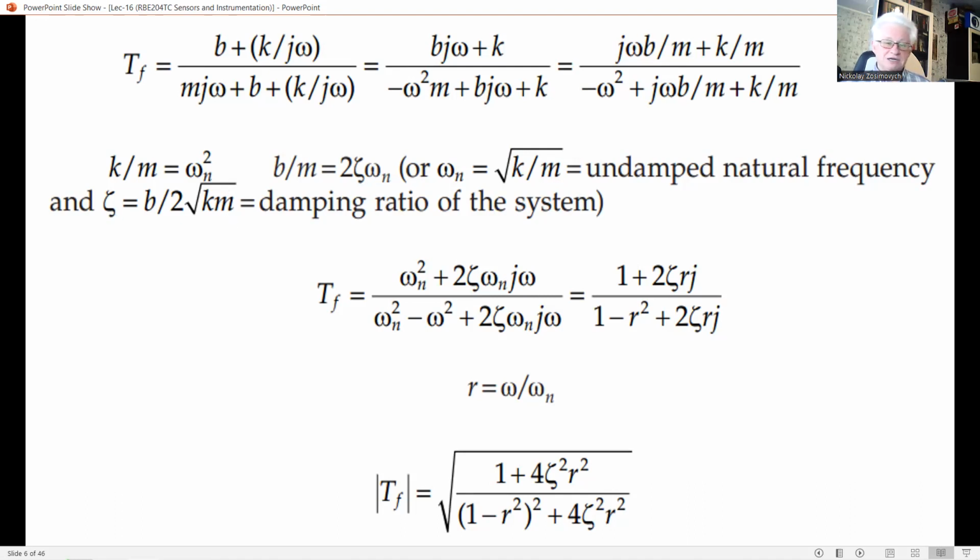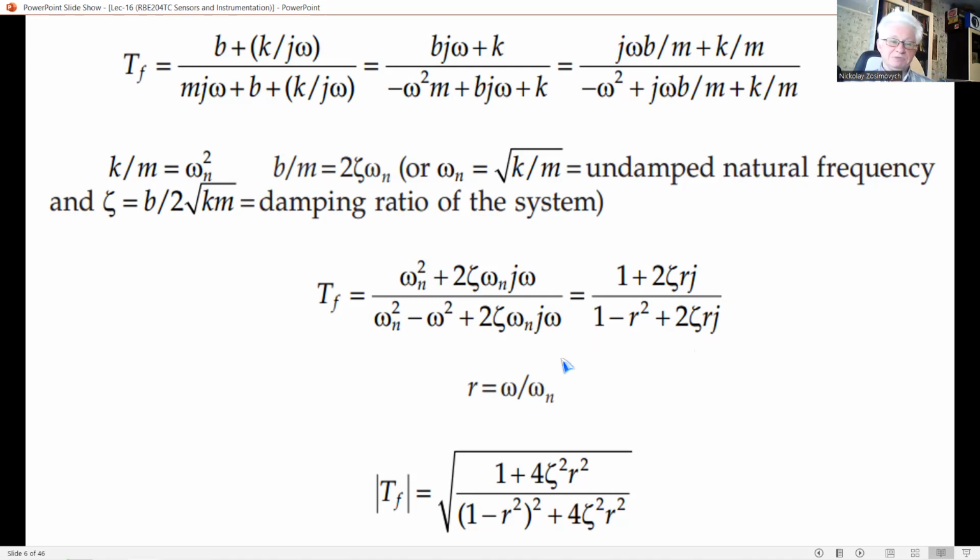And we divide through by omega n squared, and we can get the second equation here. You can see it for the TF. After transformation, when we have B over 2 square root of K M, which is the damping ratio of our system, our TF can be transformed into this simpler, more rational form, right?